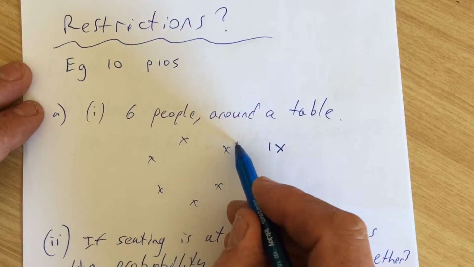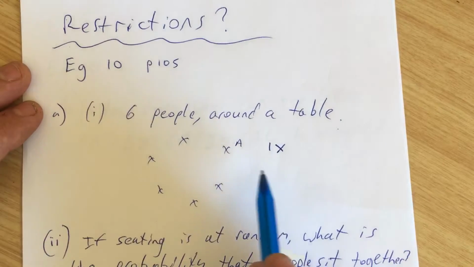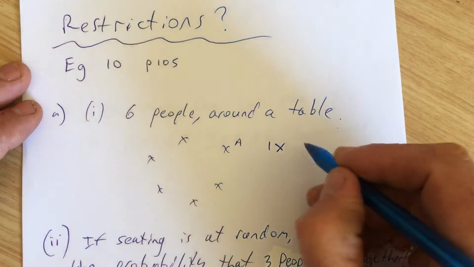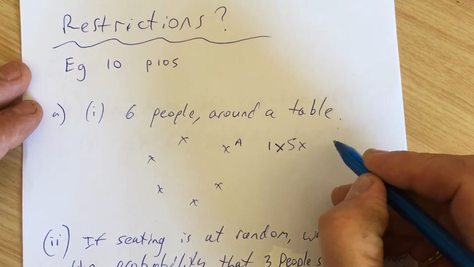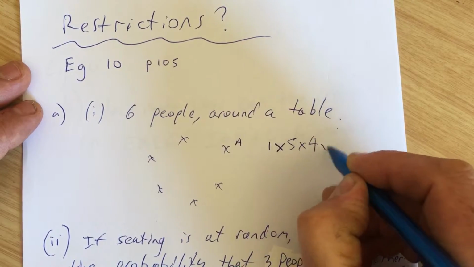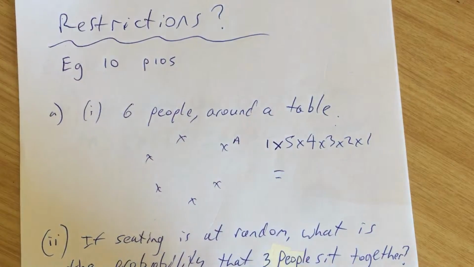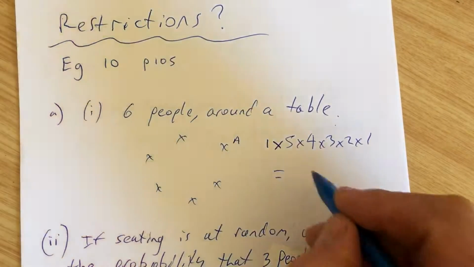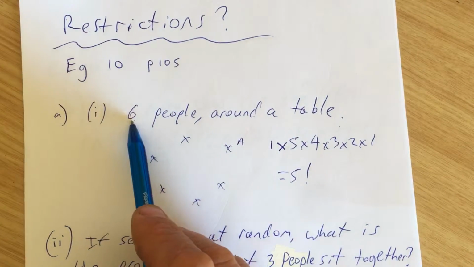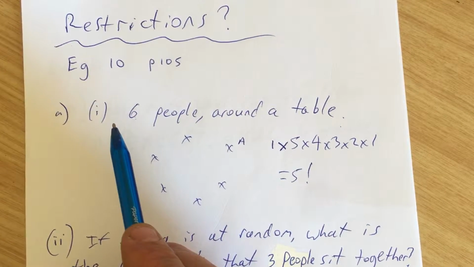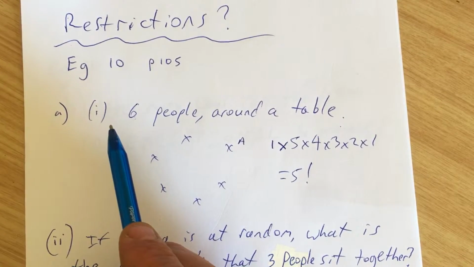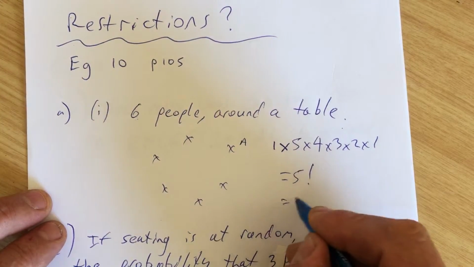Let's say they sit here, and then the next person can sit in any one of the 5 seats, and then the person after that can sit in any of the 4 seats, right down to 1. So we already know that that's how this works: 1 less than the number of people, factorial. So that certainly makes it nice and easy, which is 120.